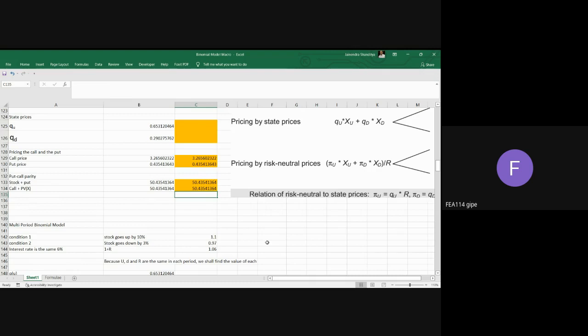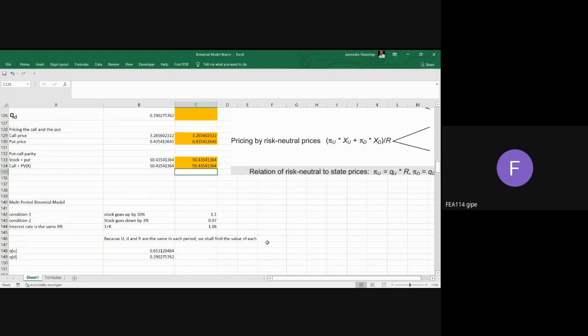So this time we were doing a one period binomial model, in the sense that the stock was going to be X or Y in the next period, and we were pricing it today at date 0. Now, assume that there are two periods. For example, let's say you have 2 months. You are in April and you are looking at the June price. It's possible that in May the price will be different, and in June also the price will be different.